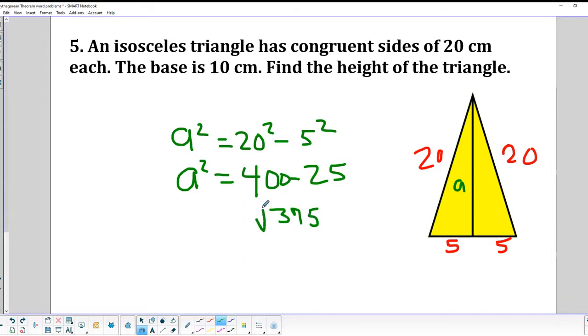And now we'll take the square root of 375. So we get on our calculator and do 375 and the square root, and we get 19.36. 19.36 centimeters. And that's what you get for A after you take the square root of everything. So there you go.